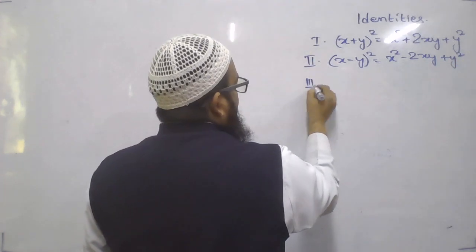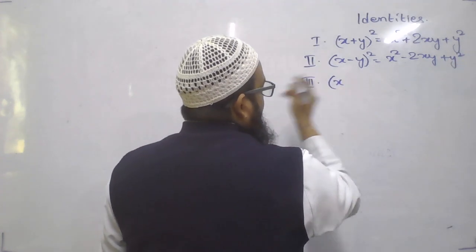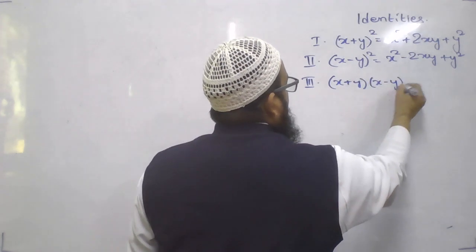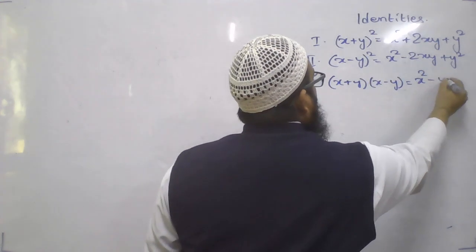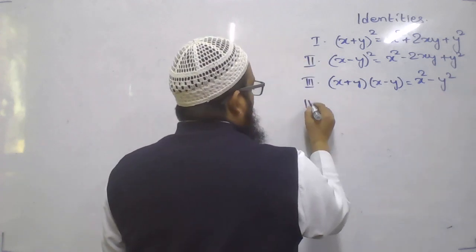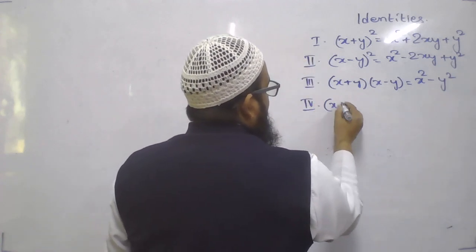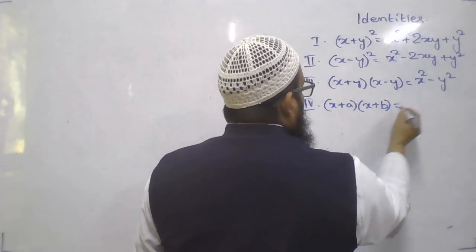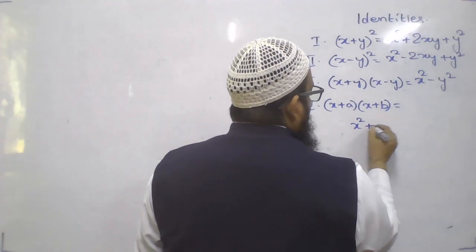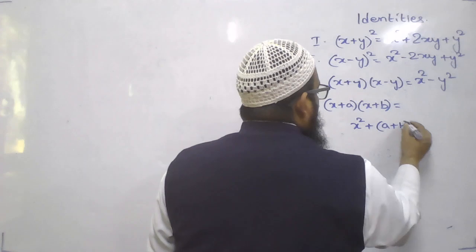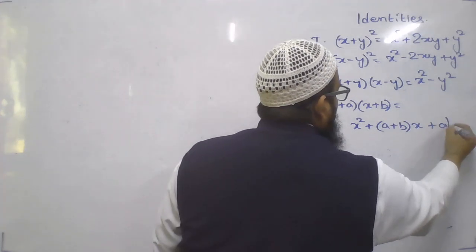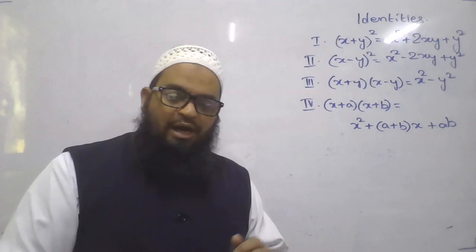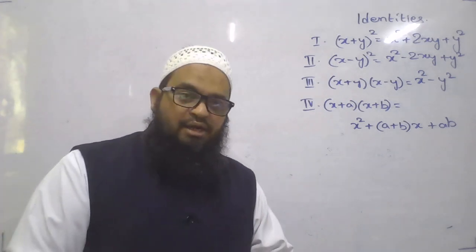The third, an important identity, is (x plus y) times (x minus y), which you write as x square minus y square. And the fourth one is (x plus a) times (x plus b), which is equal to x square plus (a plus b) times x plus ab. These four identities we have studied in grade 8, right?